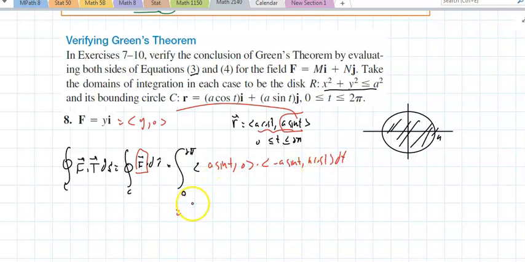And that would be the integral from 0 to 2 pi of negative a squared sine squared of t dt.